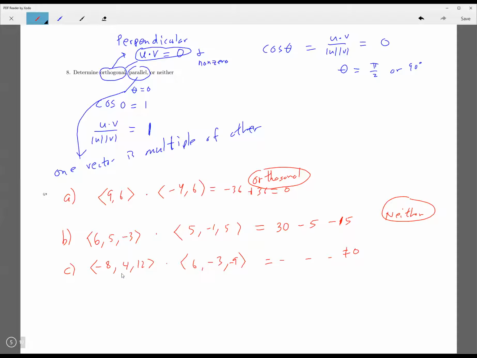If you take this one and multiply by 1/4, so divide everything by 4, you'd get negative 2, 1, 3. And if you divide everything here by negative 1/3, you would also get negative 2, 1, 3. Okay, so these are parallel.